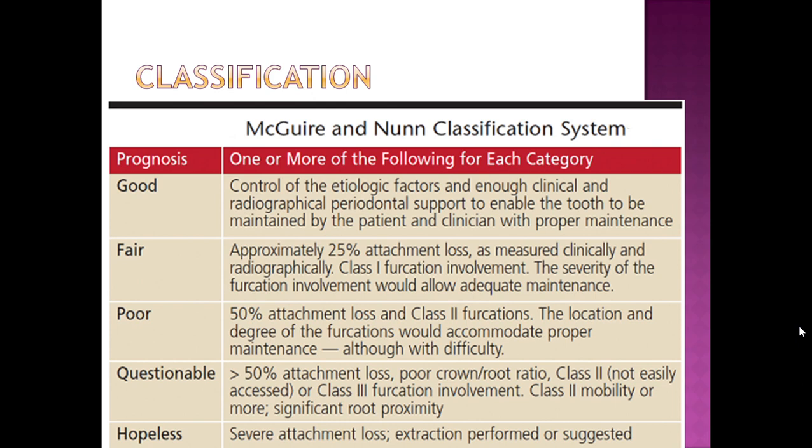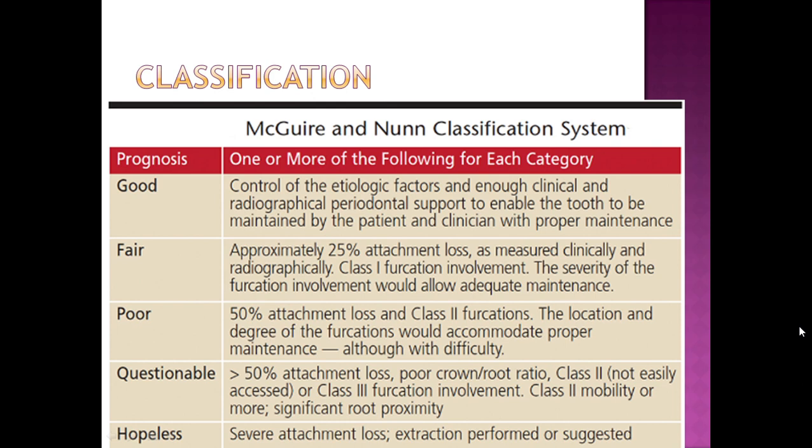In fair, approximately 25% of attachment loss as measured clinically and radiographically, class 1 furcation involvement, and severity of furcation involvement would allow adequate maintenance. Poor, 50% attachment loss and class 2 furcations. The location and degree of furcation would accommodate proper maintenance, although with difficulty.